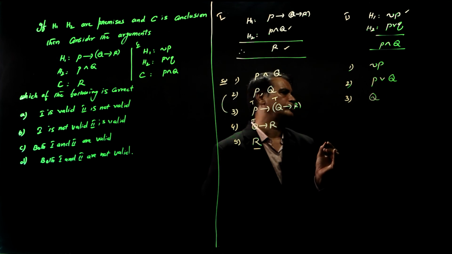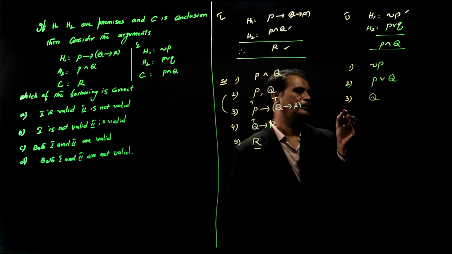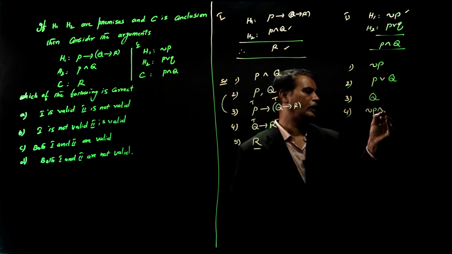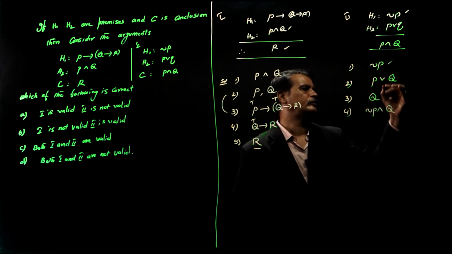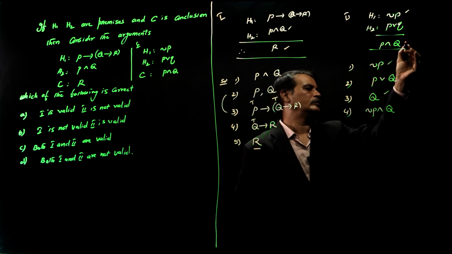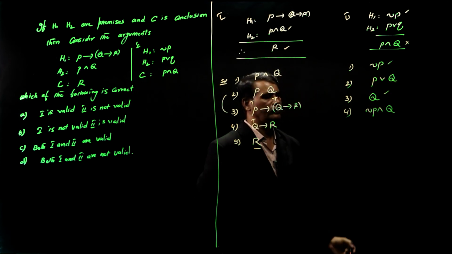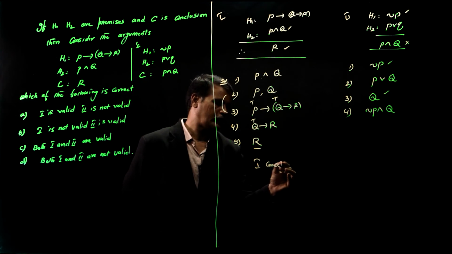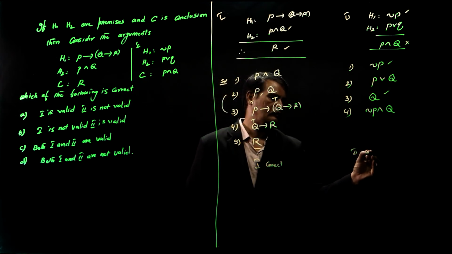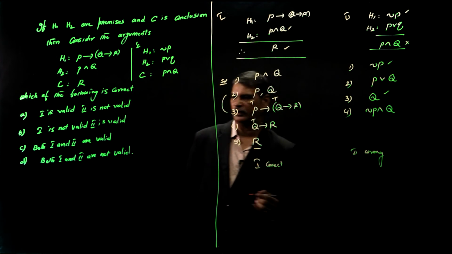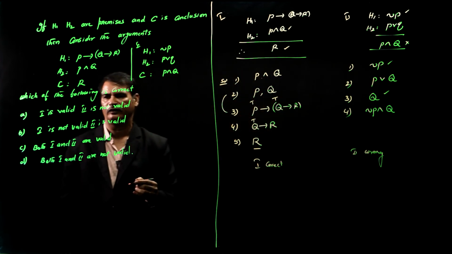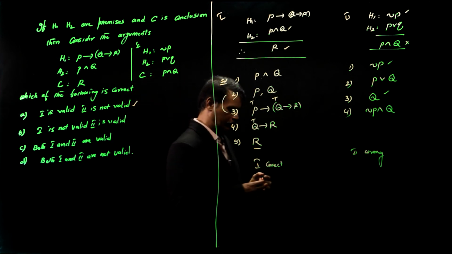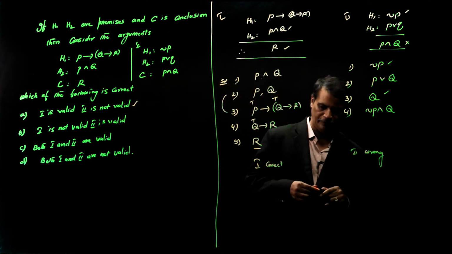But what can I say? Negation P and Q is true, because this is true and this is true. So this is not a valid conclusion. So 1 is correct, the second one is wrong. What is your answer here? 1 is valid, the second is not valid. So the answer is this. In this way, we have to verify.